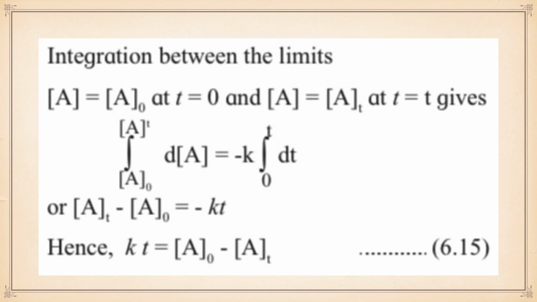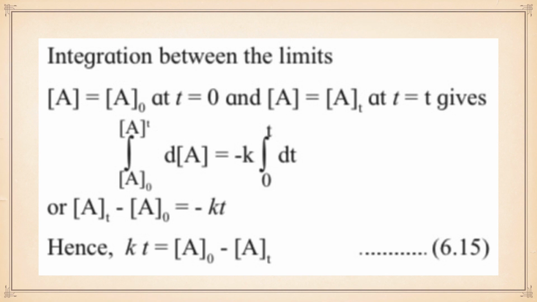After this, d[A] will be nothing but equal to [A] within the limits initial to final. When I solve that, I have to write down the final concentration minus the initial concentration.